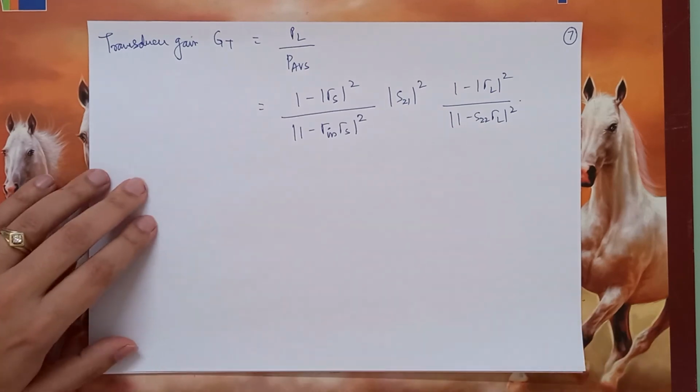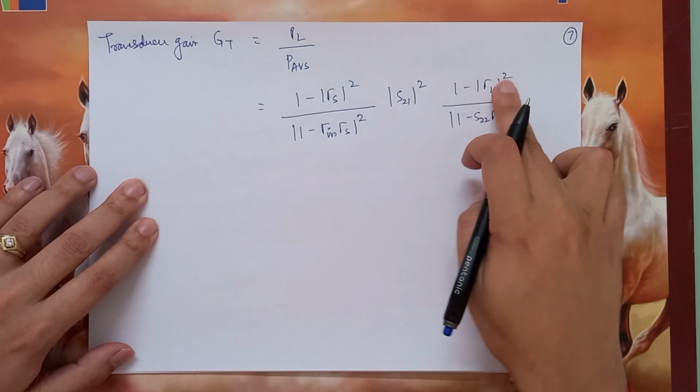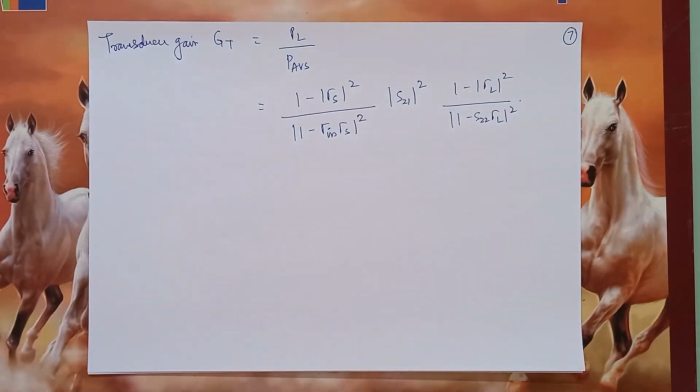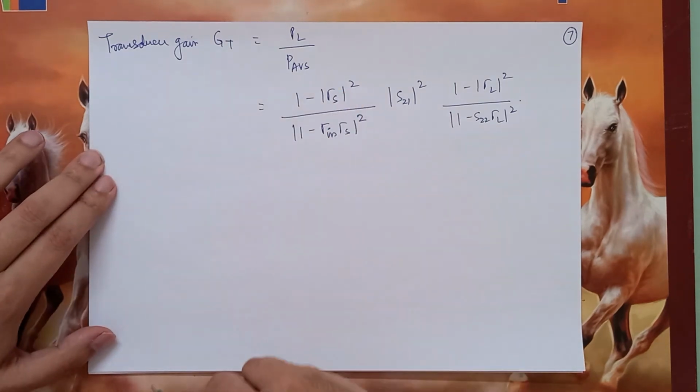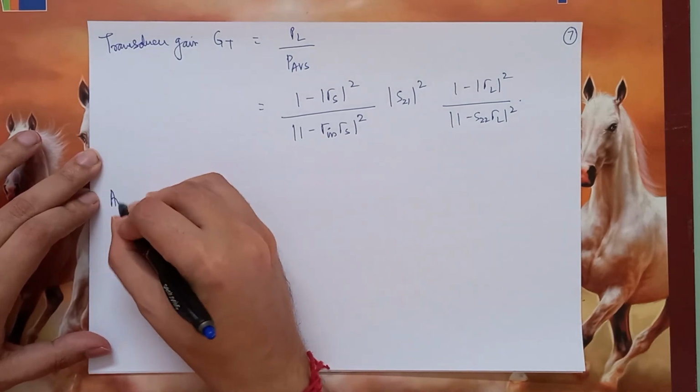This is what GT is. You can notice that some of the terms are already familiar from the previous discussion on GP. So it's just an extension of GP. Now what about the available gain?